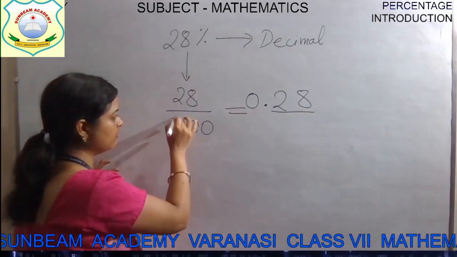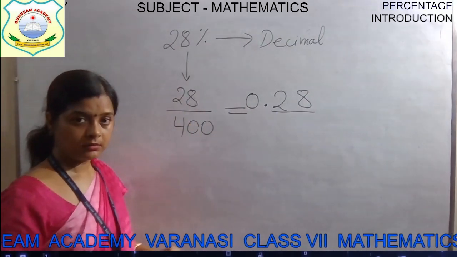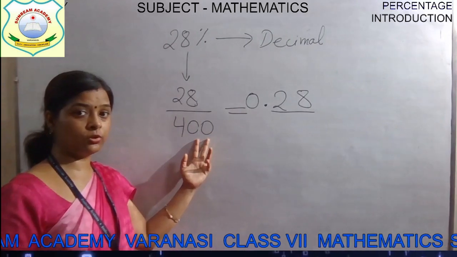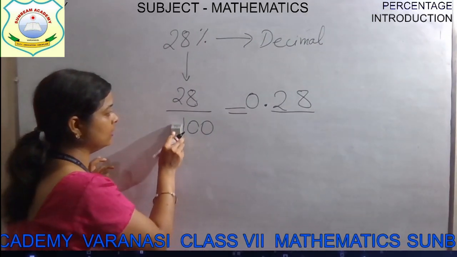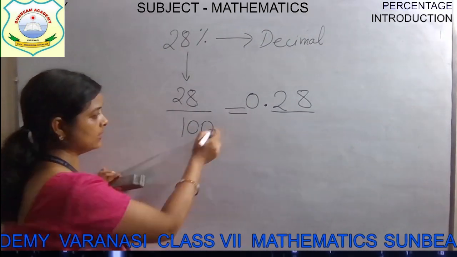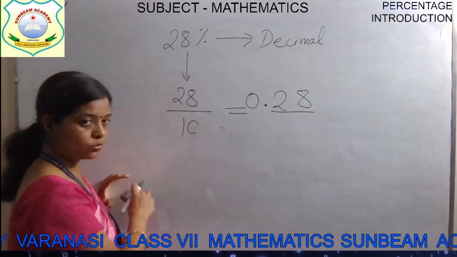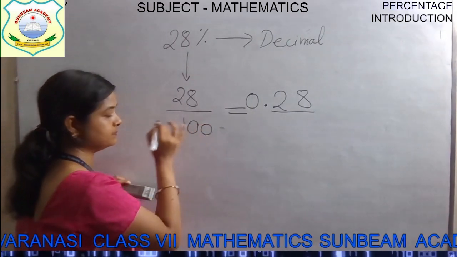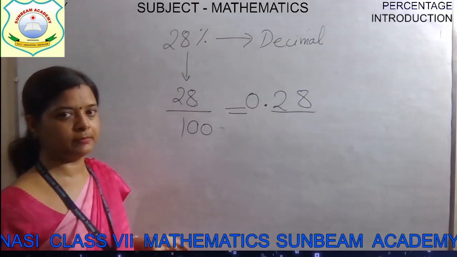Okay, children, if it is 400, then we cannot write like this, thinking that ma'am said there are 2 zeros, then put this. No, it will be a case of only 100, or in case of 1000, or in case of 10, and so on. If it is 400, then we will apply a different method.